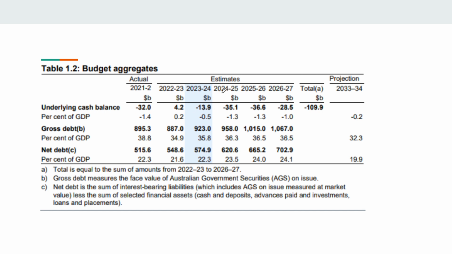We're estimating that in 2024-25 it's going to be $35 billion, but the percentage of GDP is less. So in 2022, it's 1.4% of GDP, but in 2024, it's 1.3% of GDP. And all that means is that the size of the economy is getting larger, or the denominator is getting larger, even though the deficit is getting larger too. So keep that in mind.